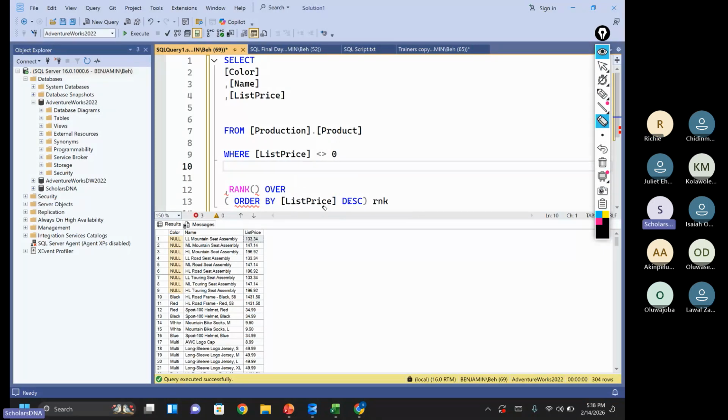Let me do another example. Please look at what I'm doing carefully and you will get it. All right. So if, for example, you had the name of a country and price, and you have Nigeria, Spain.